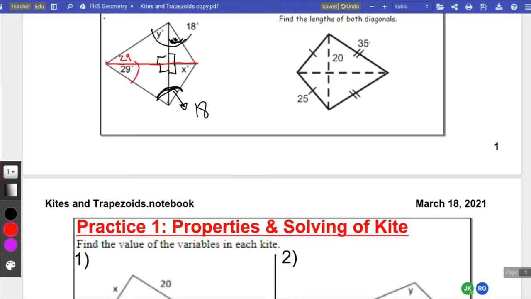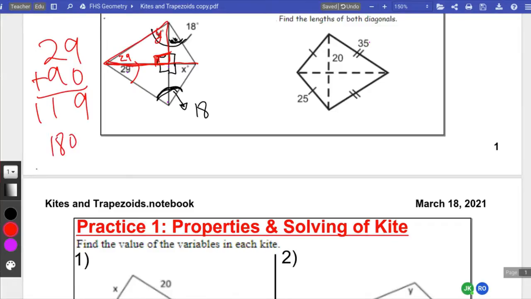Okay. All right. So now how do I go about finding y? Well, in this triangle, I'm going to emphasize this triangle right here. My eyes are locked on the red triangle. In that red triangle, I have a 29 and I have a 90. I need to find the missing angle right here. So I can do 29 plus 90, which would help me find the missing angle. That's 119.